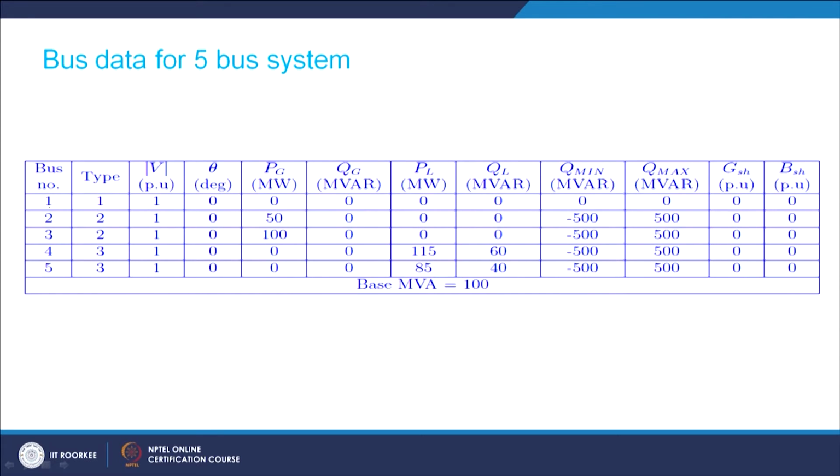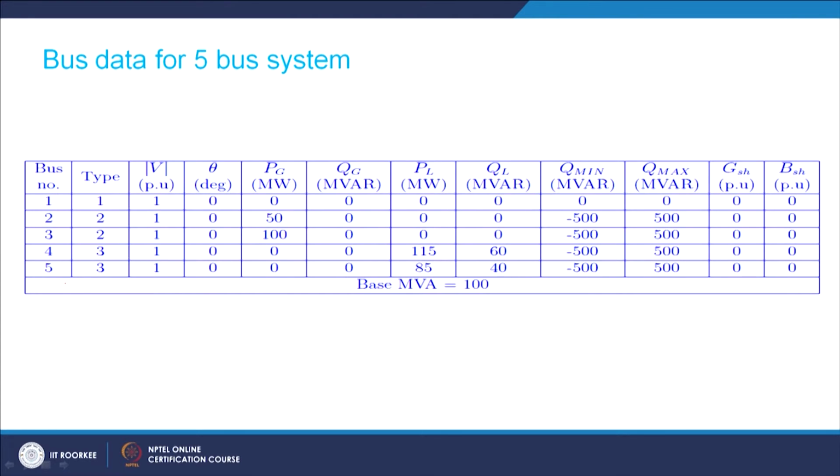And for bus 2 and 3, because these are PV buses, their voltage magnitudes are specified, and both these voltage magnitudes are 1 and 1. And their real power generation is also specified. So, for bus 2 this is 50 megawatt, and for bus 3 this is 100 megawatt.